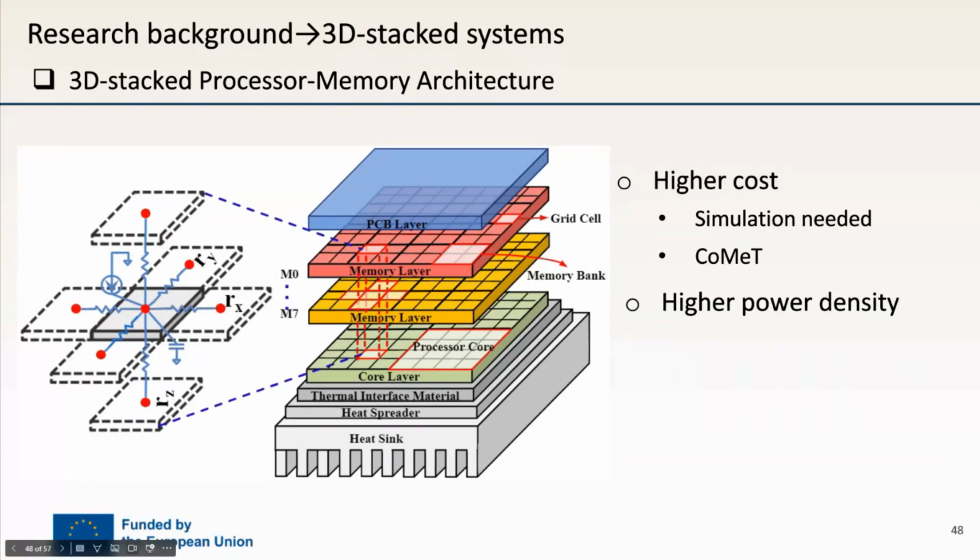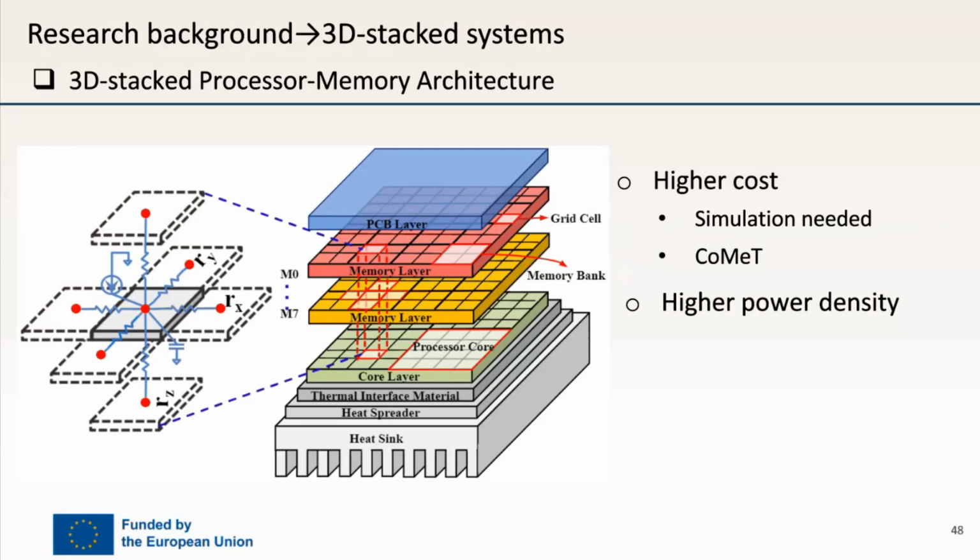However, while 3D stacked systems bring significant advantages, they also introduce several challenges. For example, the manufacturing cost is high, which makes research and accelerating scientific discovery depend on simulations. We use the state-of-the-art simulator called COIN for our research.